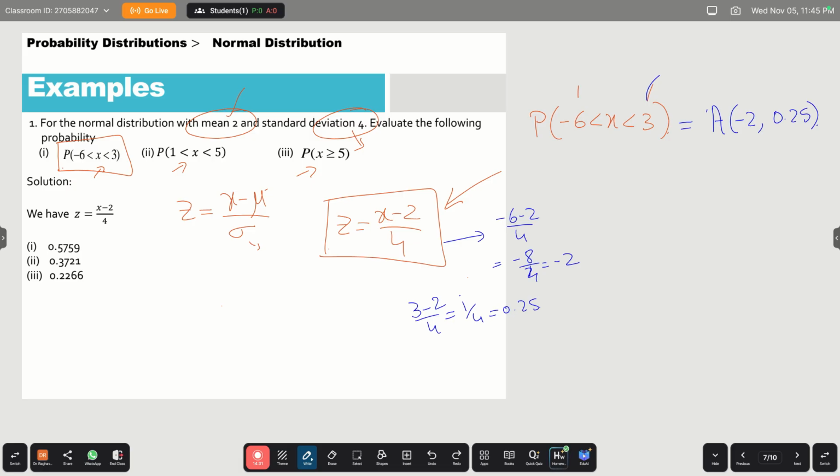Now I can use the table and find the area up to 0.25 minus the area up to -2. If you subtract these two values, you will get the required probability. What is the area up to 0.25?